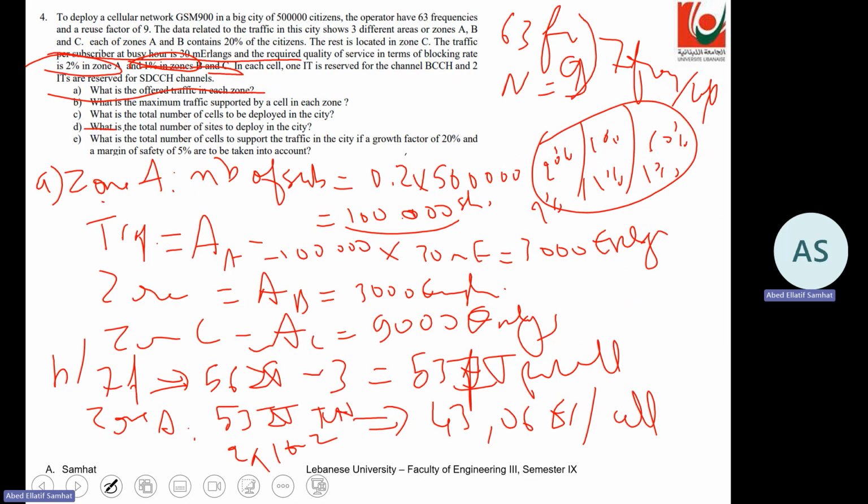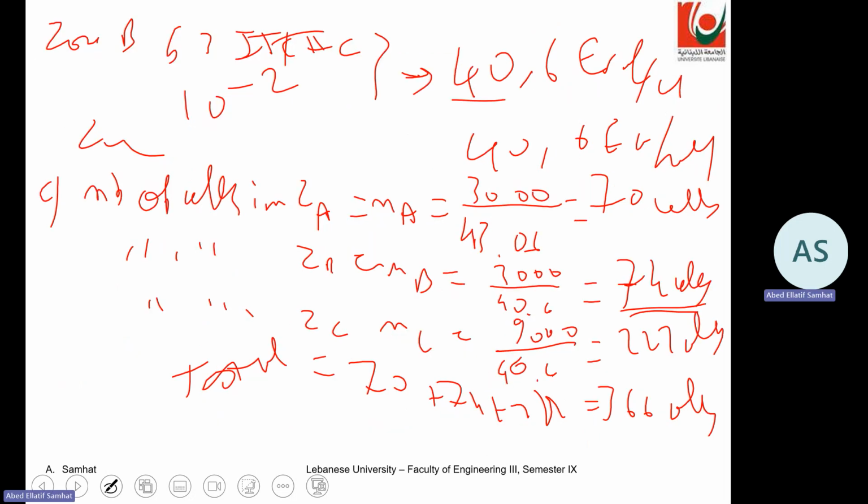What's the total number of sites? If we are using one cell per site, we will have the same number of sites.